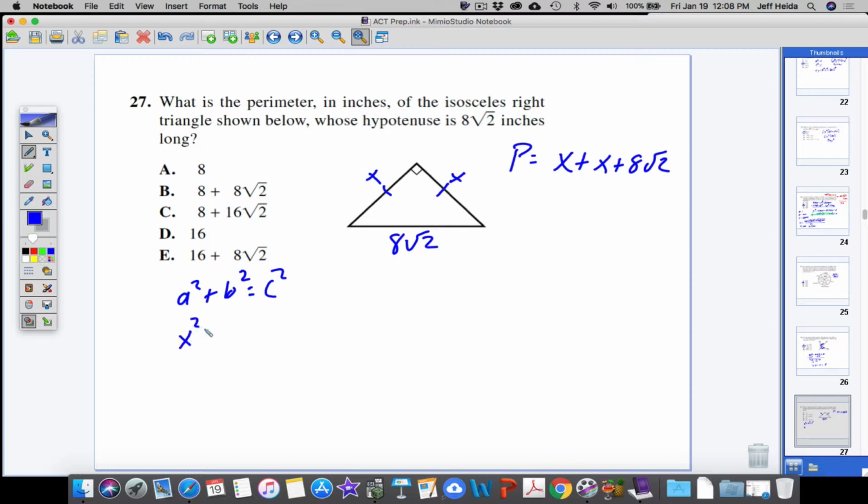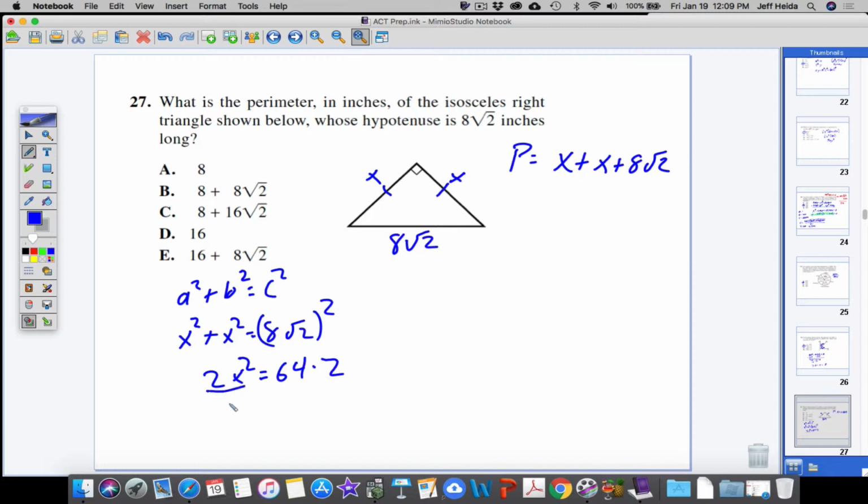So x squared plus x squared is going to equal 8 square root of 2 squared. X squared plus x squared is 2x squared. 8 square root of 2 squared is 64. 8 squared is 64. Square root of 2 squared, any number, if you take the square of the square root is the number itself, so that's 2.